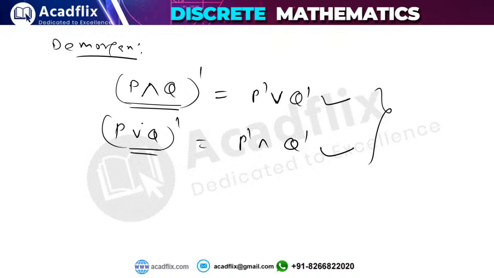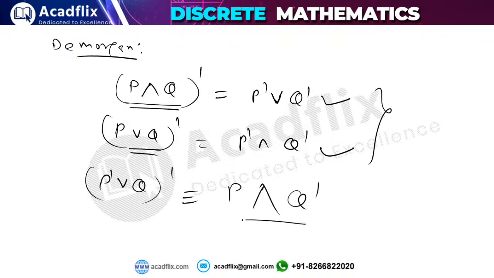Similarly, this disjunction will be changed to conjunction, and p will become p dash, q will become q dash. For example, if I give you p dash or q dash, all you have to do is change this disjunction into conjunction. This q will become q dash and this p dash will become p.